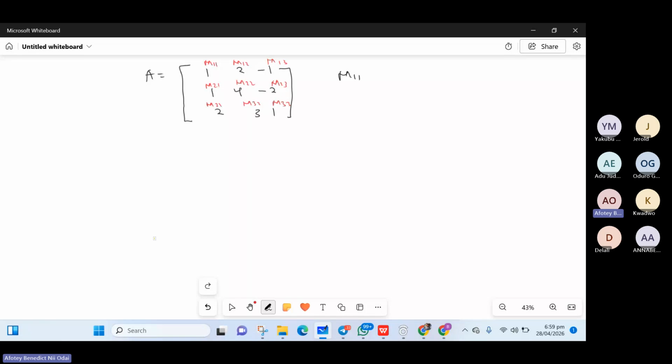So this internal matrix is basically 4, -2, 3, 1. So we have 4 minus -6, and this is equal to 10.